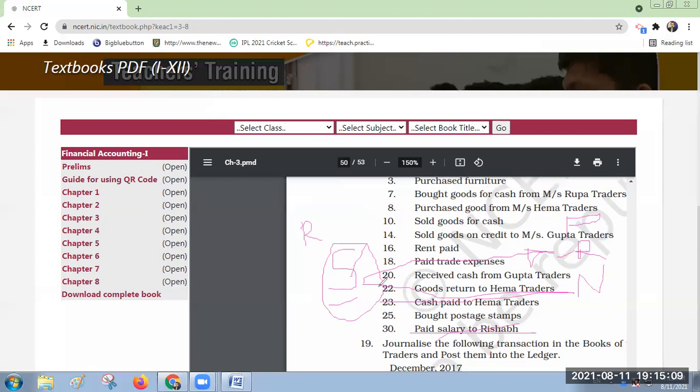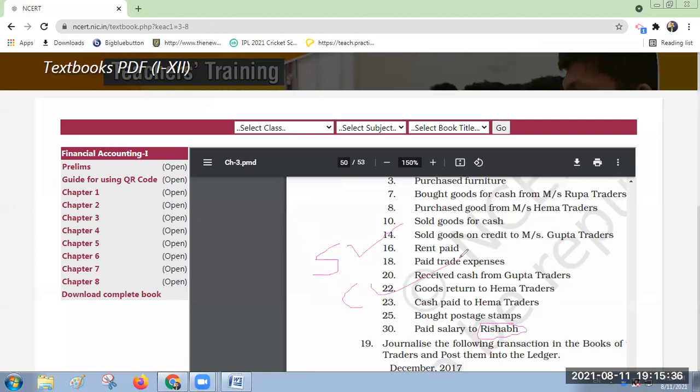Then why are you giving credit to salary? What should you write? We have to debit salary account. Which account are you going to credit? Cash account. Very good. Then the person's name is immaterial here. Salaries account debtor to cash account you have to mention.